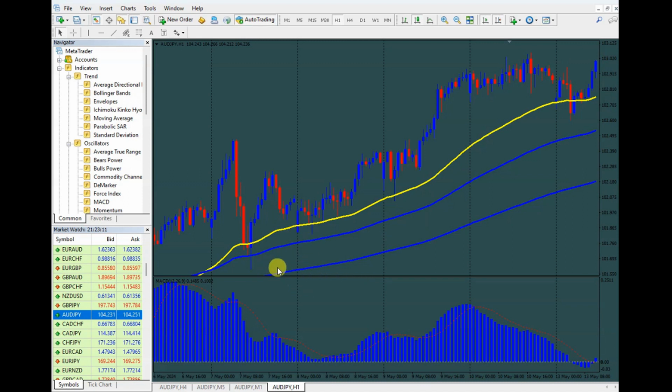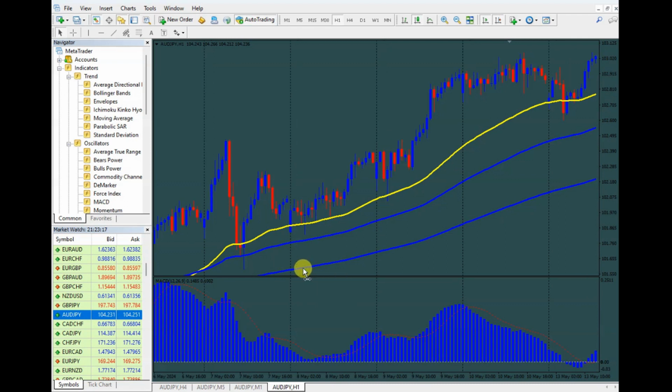Then our stop loss is placed at the 200 EMA, and our take profit is 2-to-1. Our risk is 1 and our profit is 2. So our risk to reward is 2-to-1.